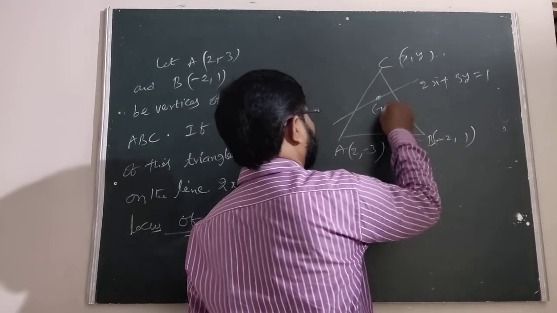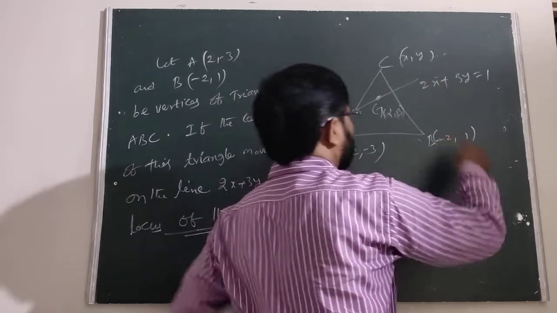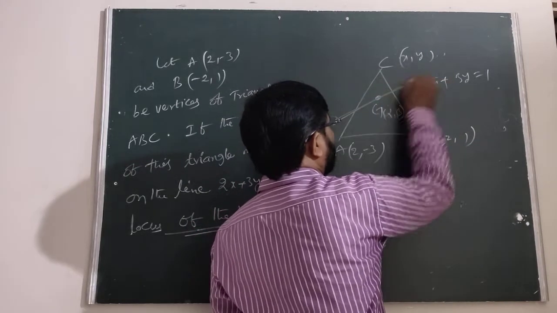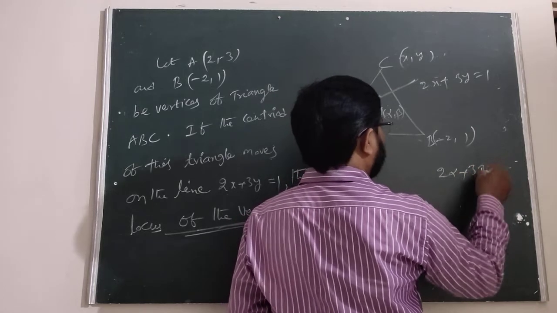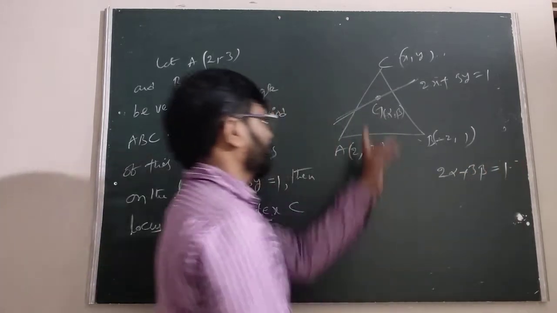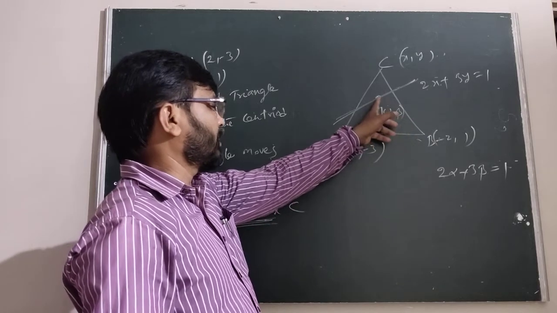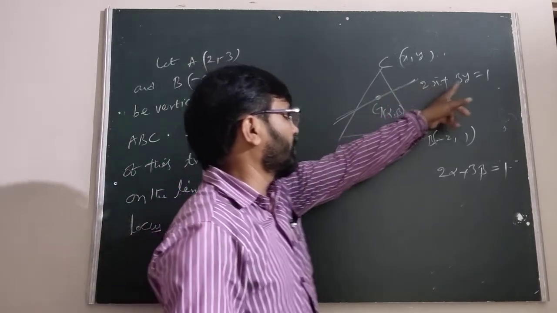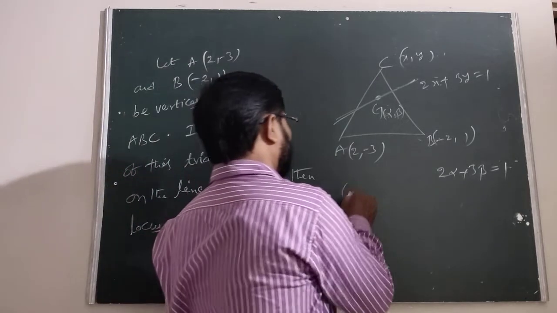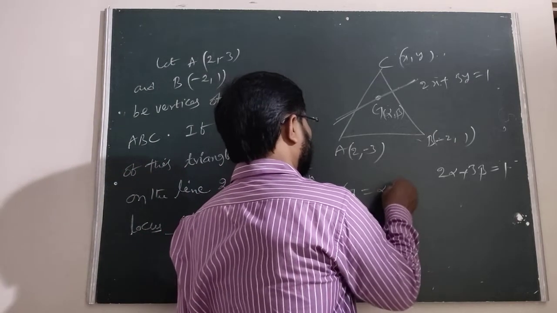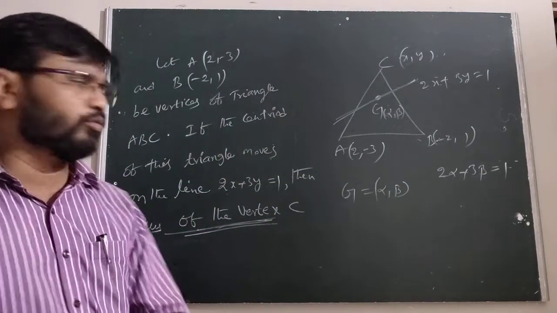Since the centroid moves on the line, that means 2 alpha plus 3 beta equals 1. When the centroid (alpha, beta) is passing through the line 2 alpha plus 3 beta equal to 1, we have to know that the centroid has the form everybody knows: (x1 plus x2 plus x3) by 3, (y1 plus y2 plus y3) by 3.